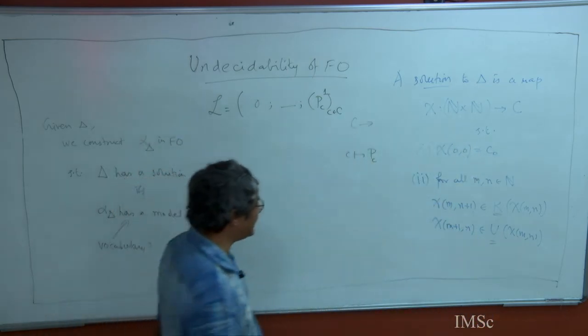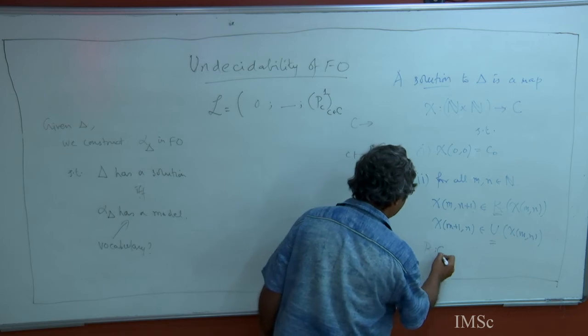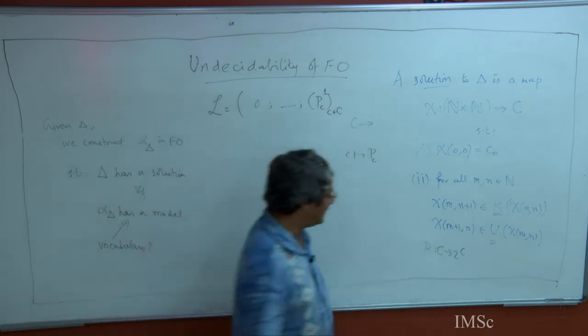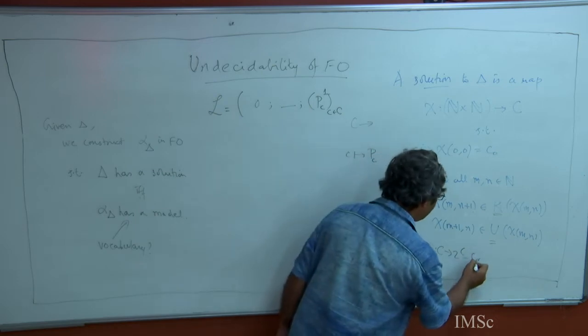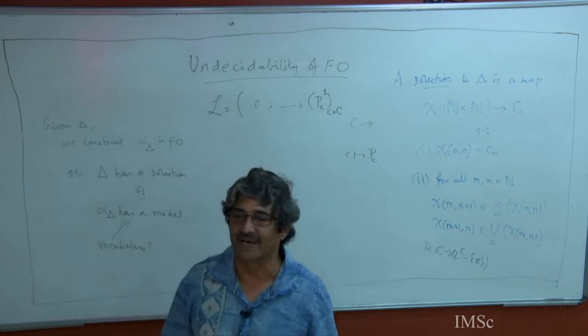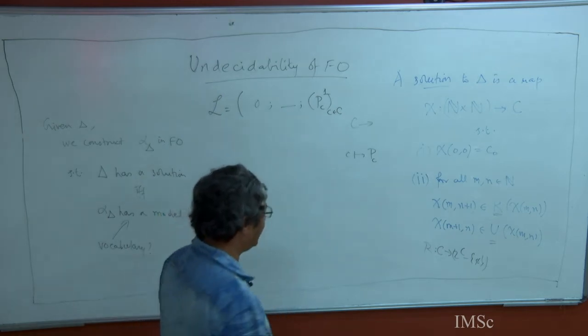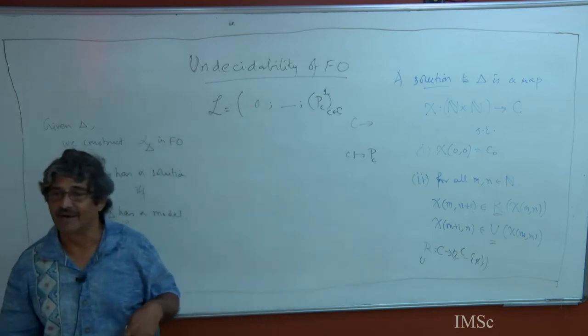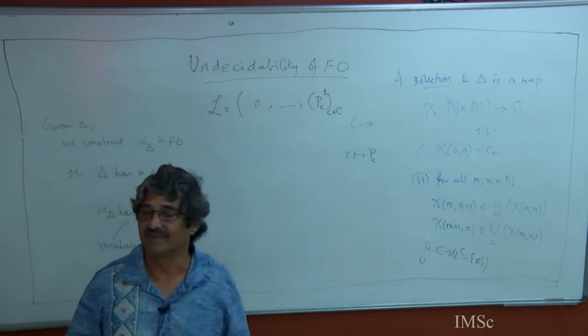R is a map from C to 2 to the C. Of course, I am given already that it will be non-empty, so every color is mapped to a non-empty set of colors, right? R is like that, U is like that. Yeah, so we may need it, let's keep it. But what else do I need? Something that I critically need.